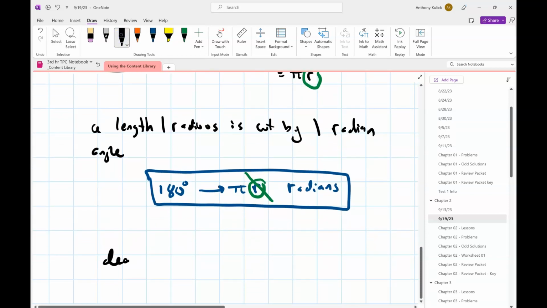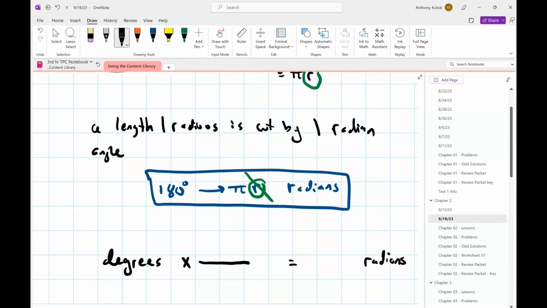So if I have some measurement in degrees, the conversion factor I'd multiply it by to get the radians should be pi radians over 180 degrees.